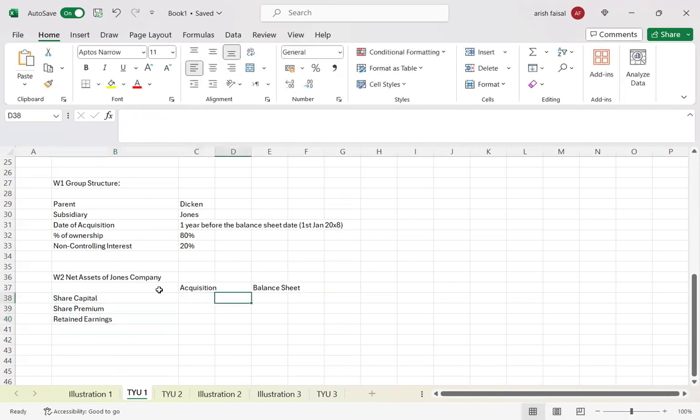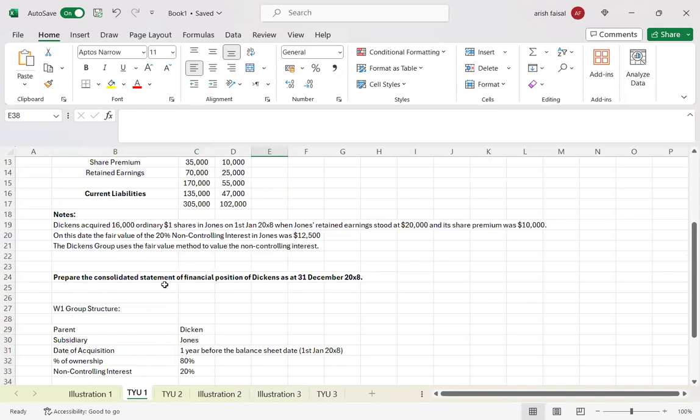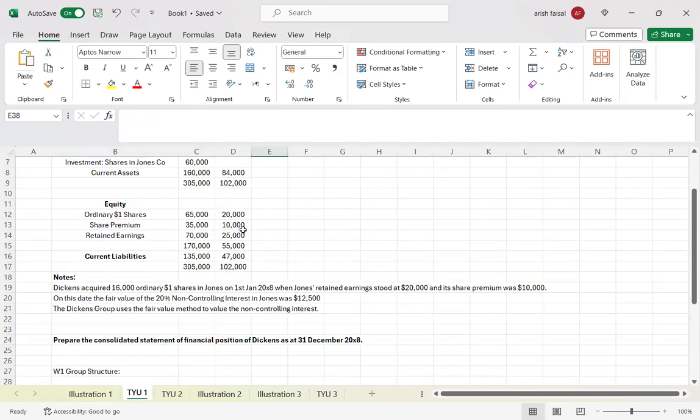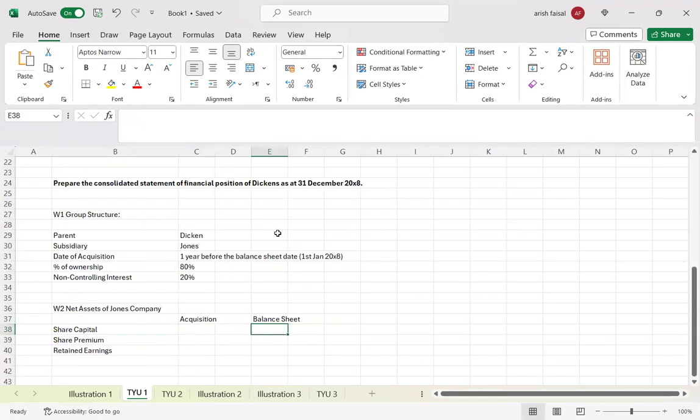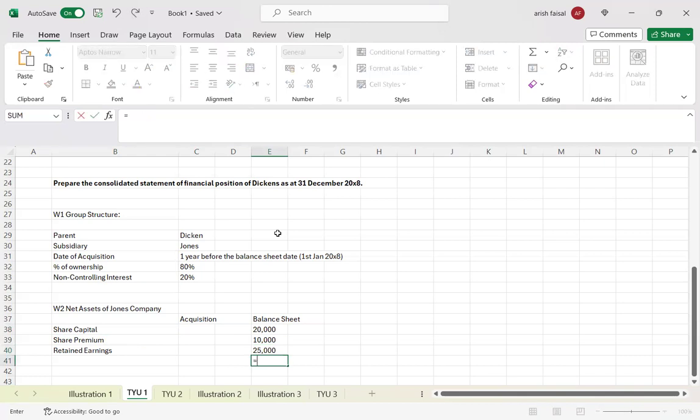I'm just going to look up the balance sheet in the question and copy it simply, which is 20,000, 10,000, and 25,000. This gives me a total of 55.